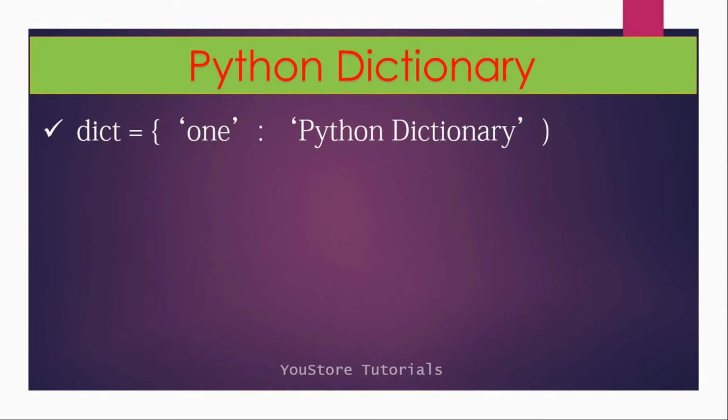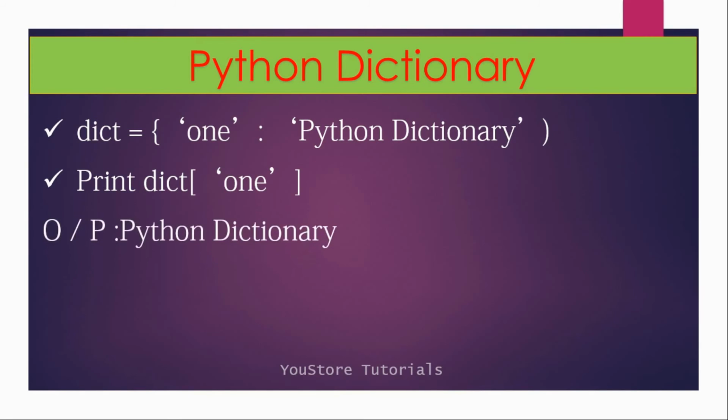Dictionaries are enclosed within curly braces, and values can be assigned and accessed using square brackets. Here in this example, the dictionary key is 1 and the value for that key is Python dictionaries. We can access that value using the key 1. In the second line, print dict of 1, we are giving the key as the input parameter of that dictionary. The output will be Python dictionaries. In this way dictionaries are used.